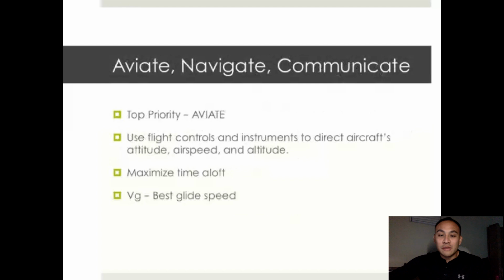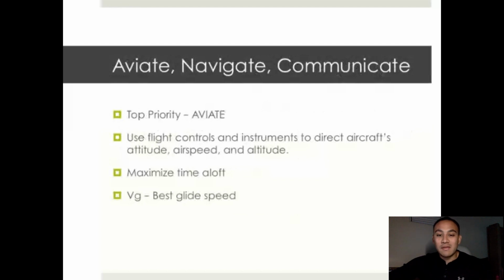I've been in flight training for the past month and a half, and a common staple that is said over and over again in the event of engine failure or aircraft failure or just emergency procedures is aviate, navigate, communicate, ANC. It is the top priority for any pilot in command.